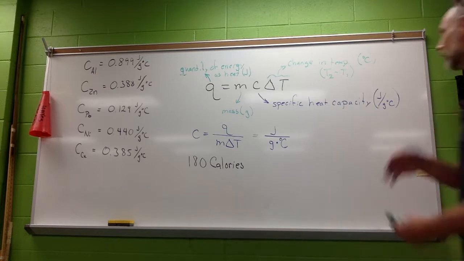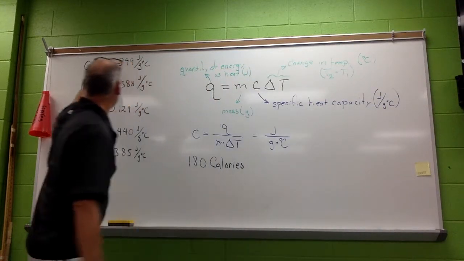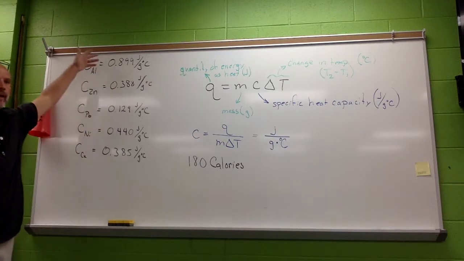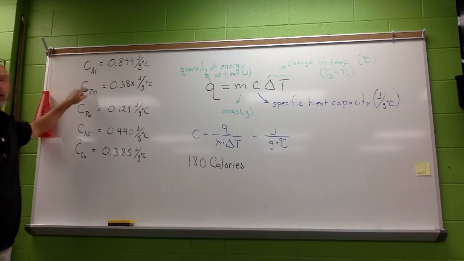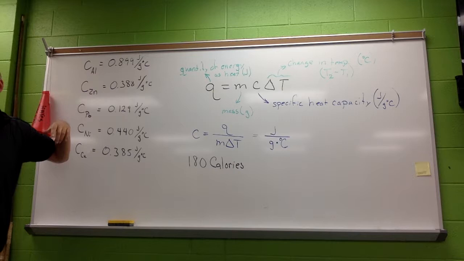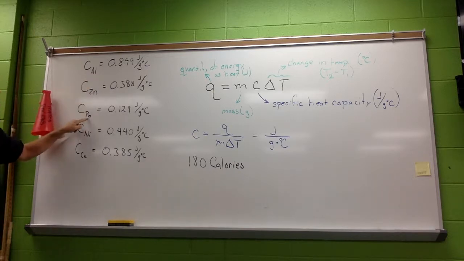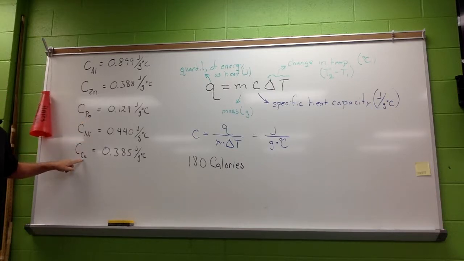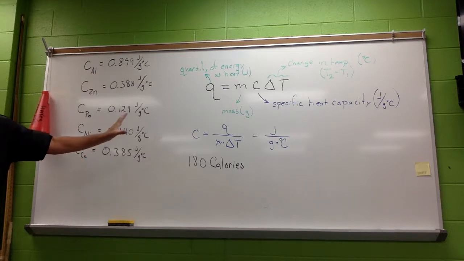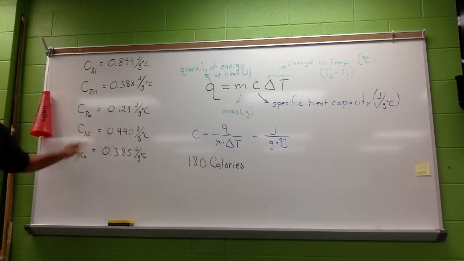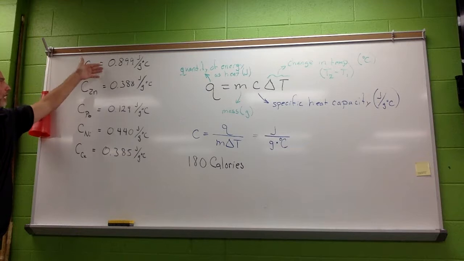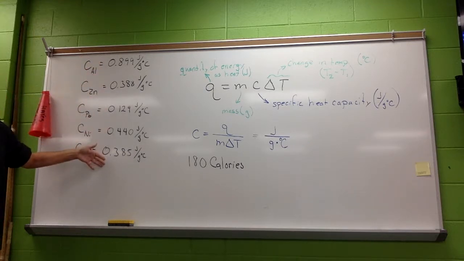So let's do this. Here is a list of substances. What types of substances are these? You guys may not know all these symbols yet. You will. Aluminum, zinc, lead, nickel, copper. Trust me, we're going to spend a lot of time on that stuff. Anyway, look at these heat capacities.